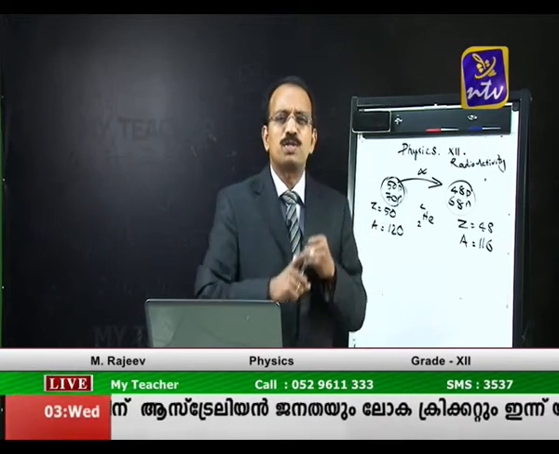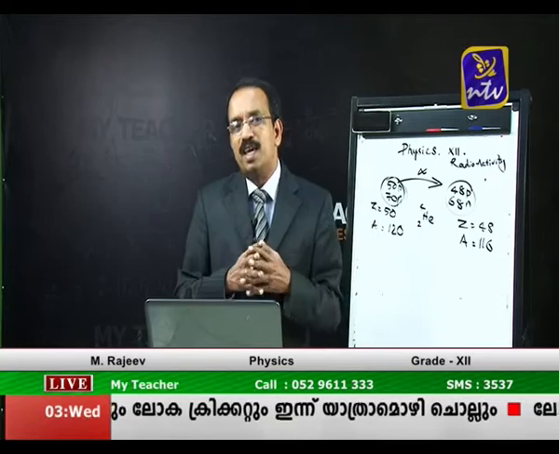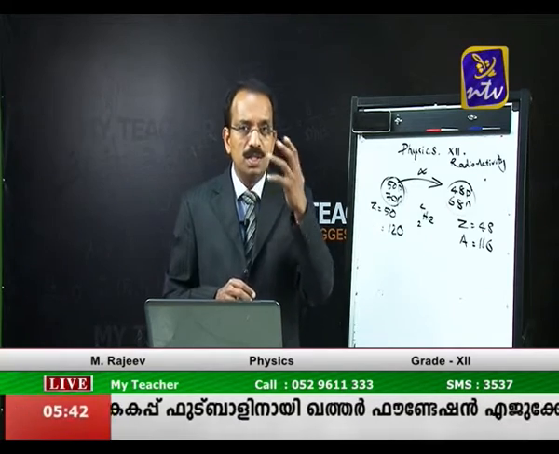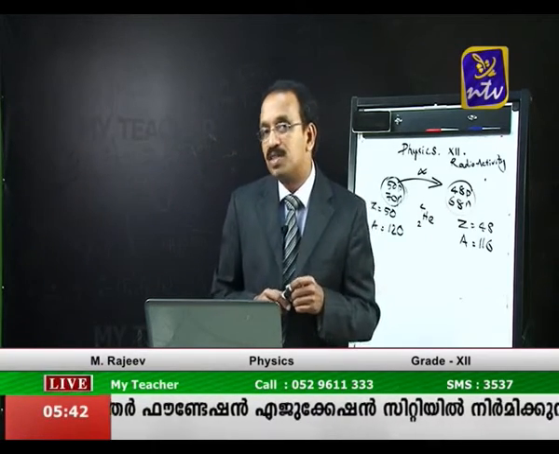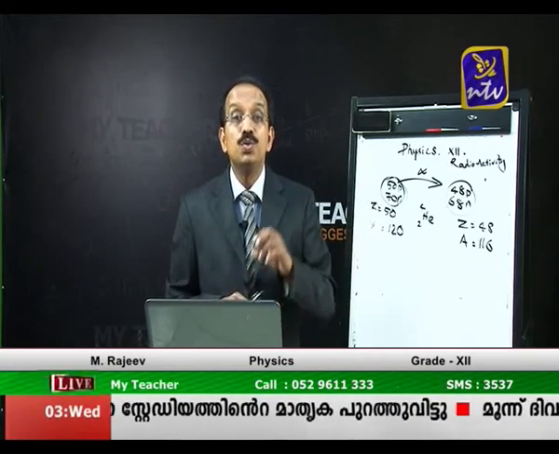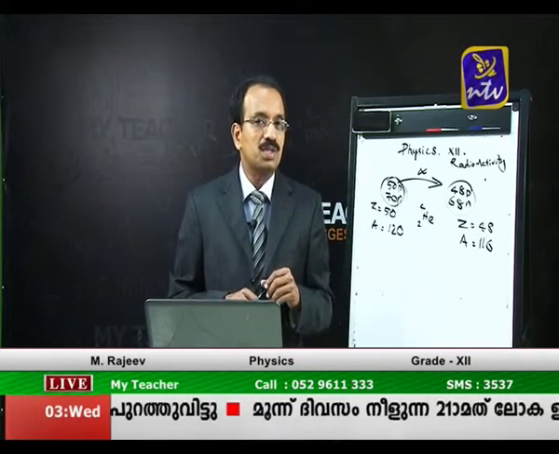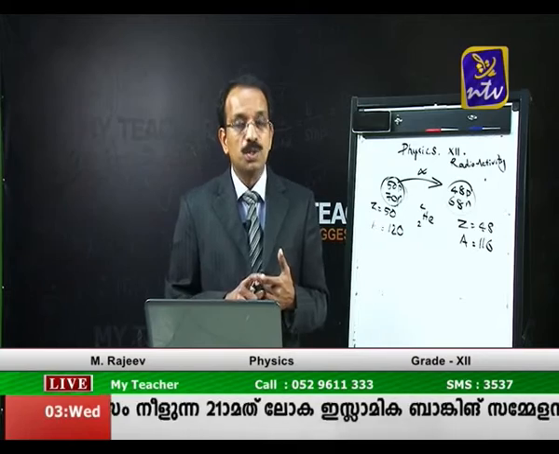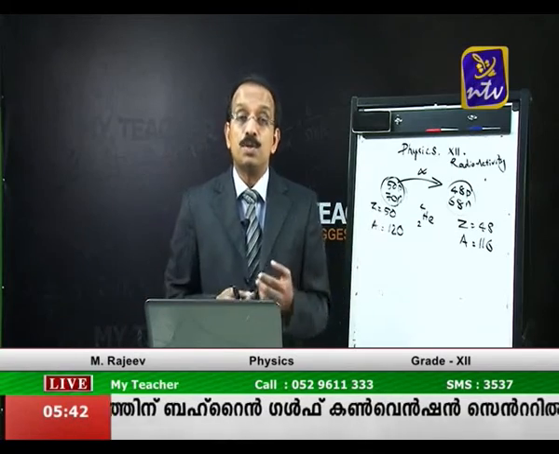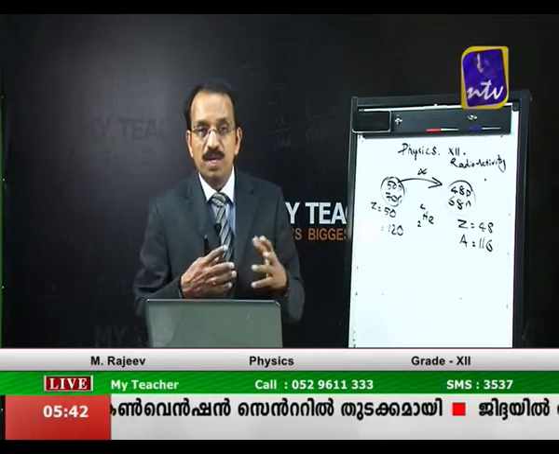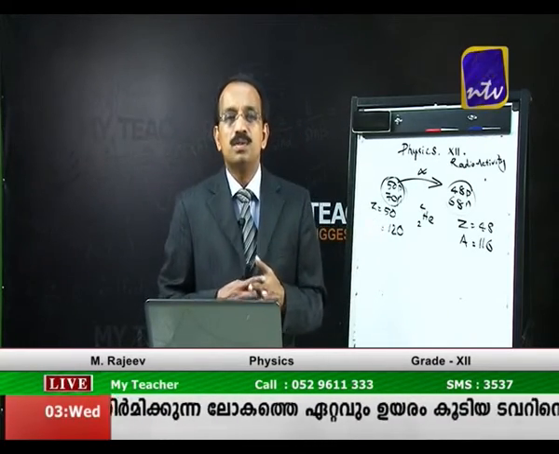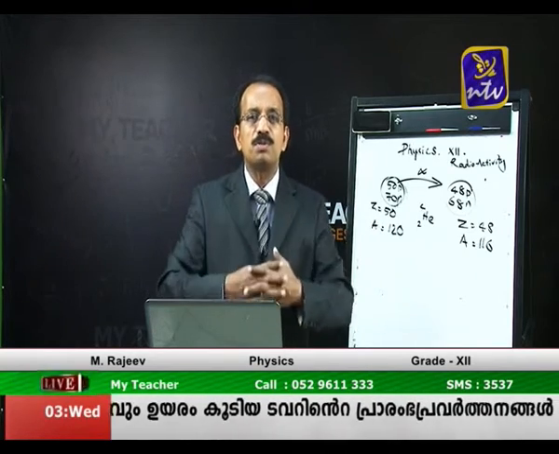But there is one extra aspect to understand this. During beta decay, there is one more particle emitted, which we were not able to detect for a long time because of its weak interaction with matter. That particle is called the neutrino. You might have heard of neutrinos. Neutrino is one of the elementary particles. Because it is considered to be a chargeless and almost massless particle, it interacts weakly. And what is the importance of the emission of the neutrino?